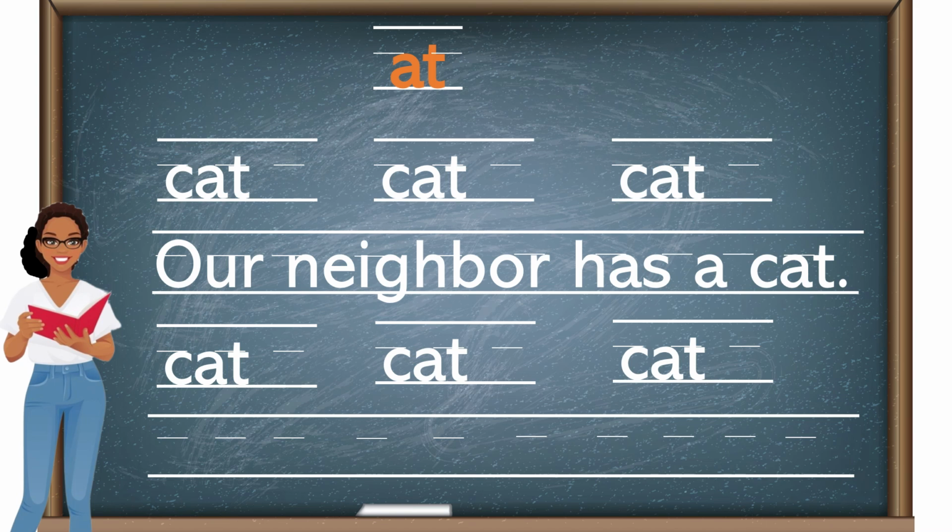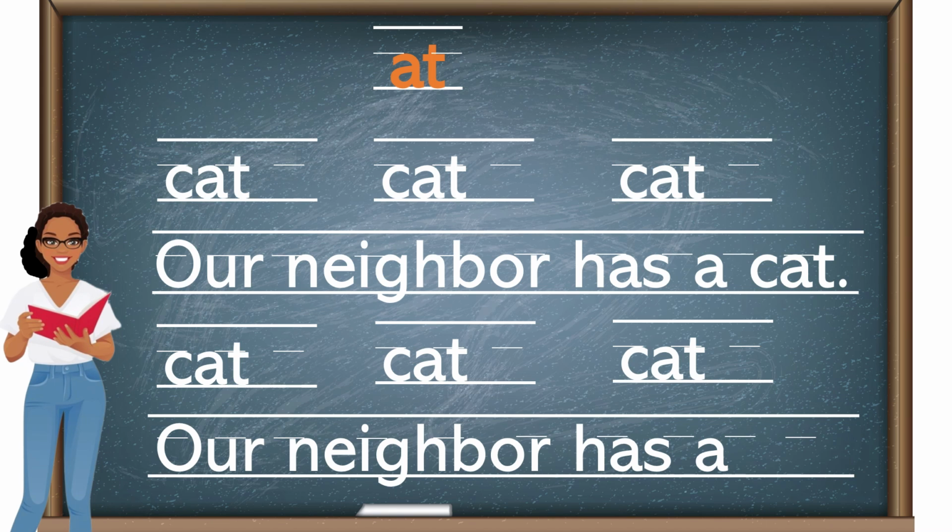Now, let's use it in the same sentence. Our neighbor has a, do you know what word goes here? That's correct. Cat. Great job. Let's keep going.